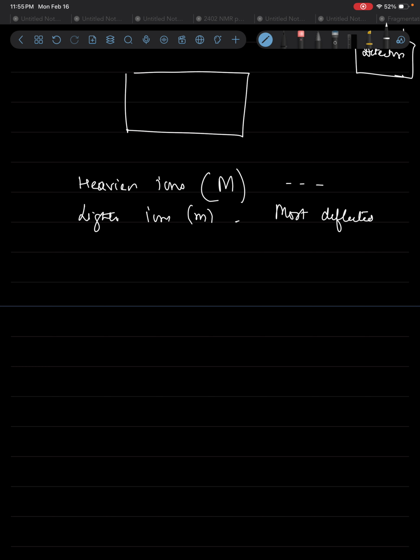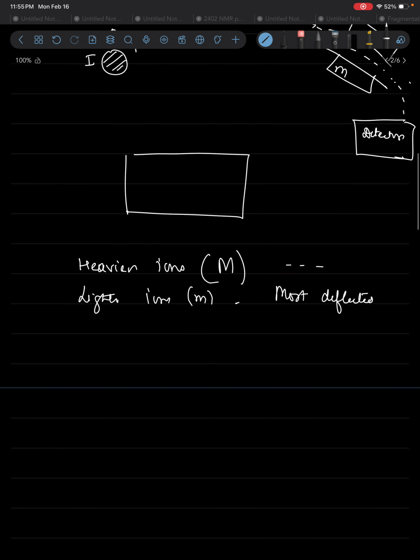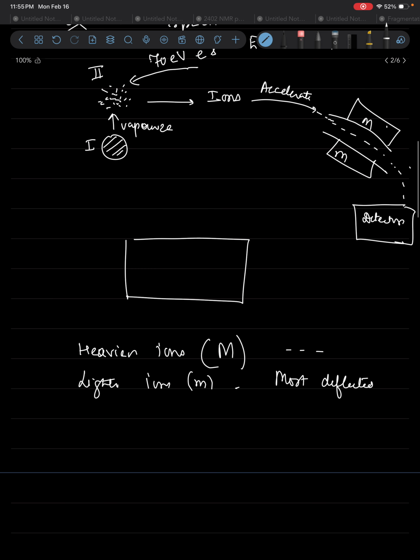In the same way, this happens here. At the same time, these ions also carry charge, suppose a positive charge, right? So the ones with the bigger charge, say +2 charge, would be deflected more as compared to the one with the lesser charge, right?